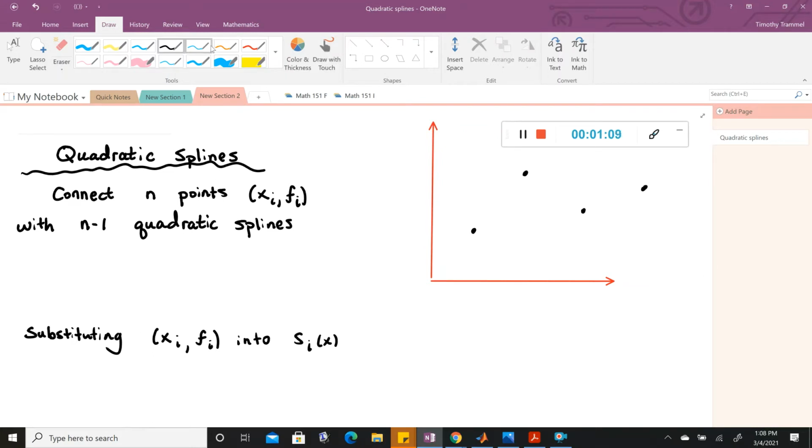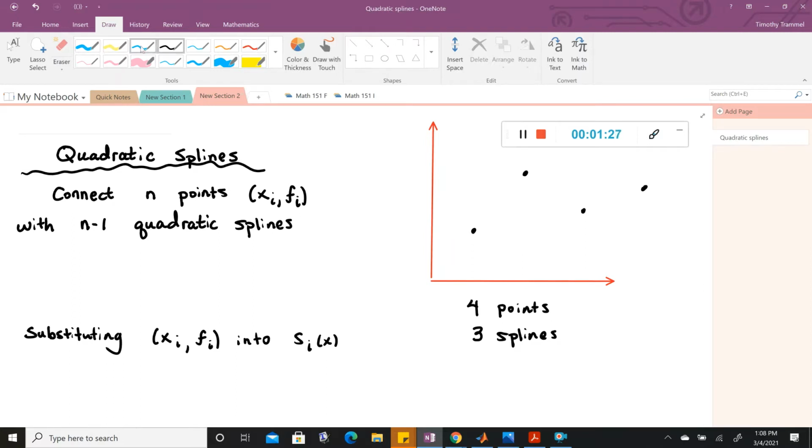So let's say that this is what our data looked like. We had 4 points instead of n. According to this, there should be 3 splines. Let's just see that that's the case here.